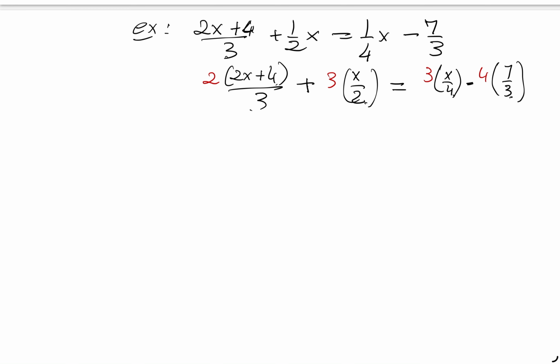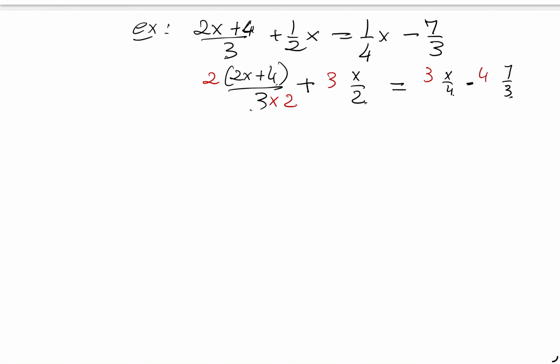I didn't change anything. I only multiply here by 2, the top and the bottom. Do the same thing here. If I put the parentheses, that means the top and the bottom. Okay, but let me just write it down like this so you won't feel confused.